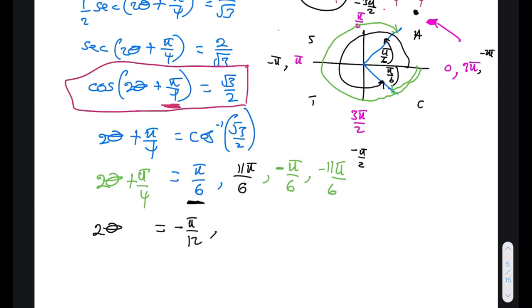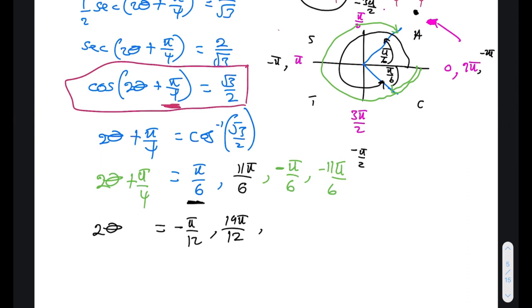Then the next one is 11 pi on 6 minus pi on 4, and that will give us 19 pi on 12.